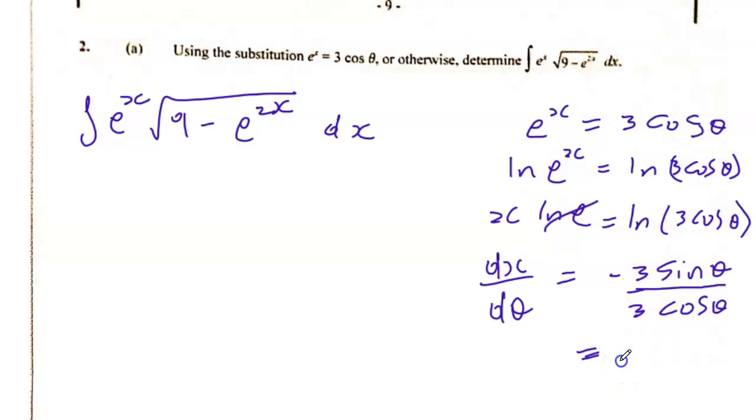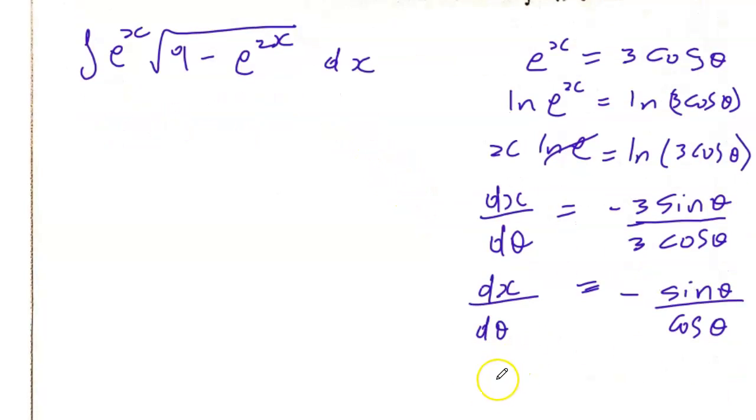So we end up with just minus sine theta over cos theta. Of course, this is dx by d theta. So we can transpose for dx here. If we multiply both sides by d theta, dx would be equal to minus sine theta over cos theta times d theta.